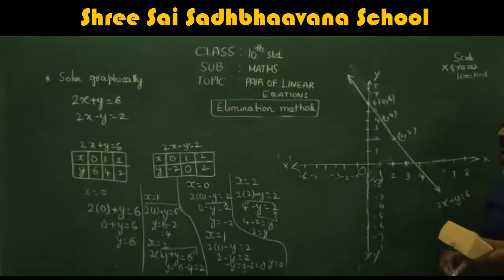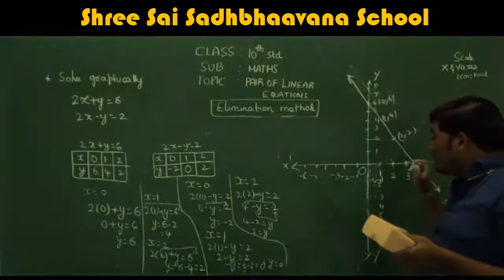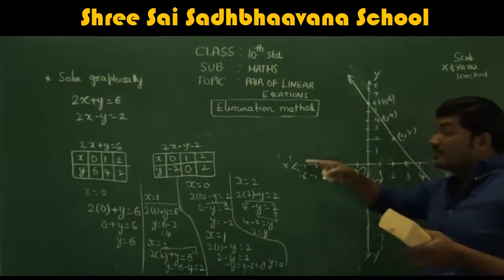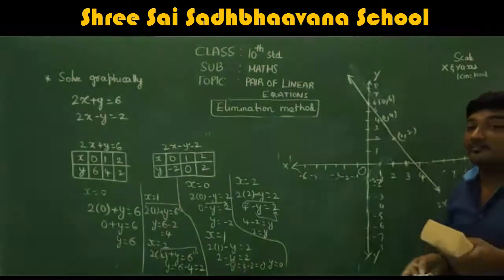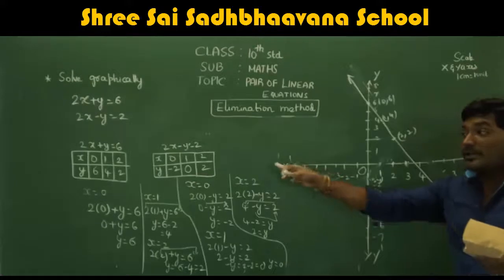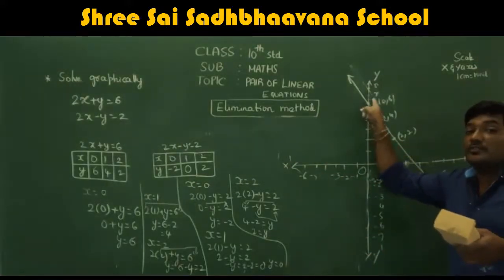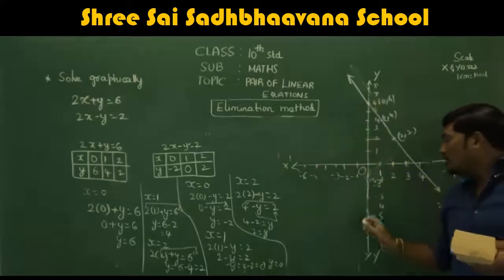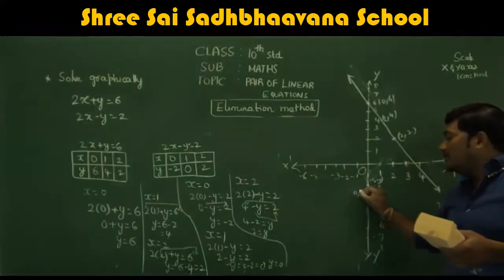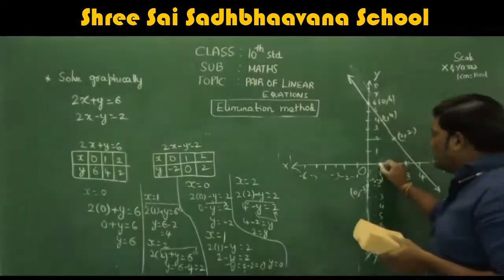This is done. Next is 2x minus y is equal to 2. They are telling 0, comma minus 2. Again, you see x is 0, so it definitely lies on the y-axis. Which y-axis? In the last case the y coordinate was positive, that's why it was on the positive y-axis. Now the y coordinate is negative, so it lies on the negative y-axis. 0, comma minus 2 is here. Then 1, comma 0.